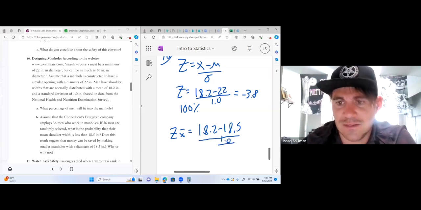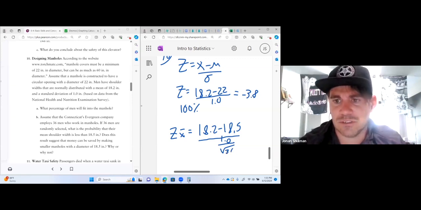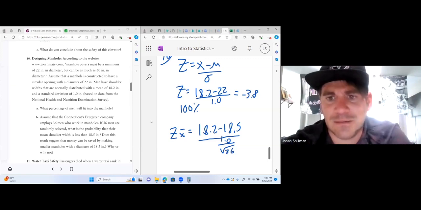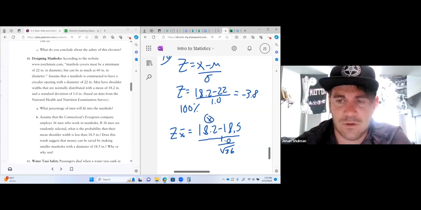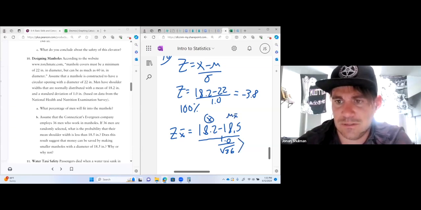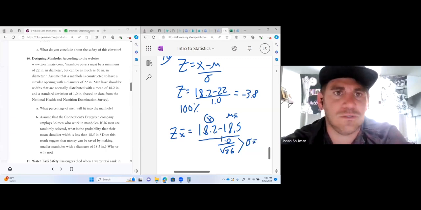But we have to divide this number by what? The square root of how many guys we got, which was 36. That's the main difference here. It's still going to be your x minus your mean of x. But this piece, this is the standard deviation of x bar, which means you need this piece here. Let's see what our new z-score is.